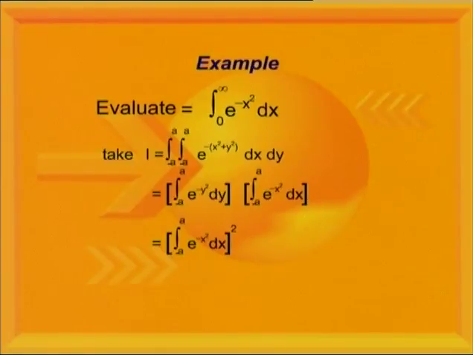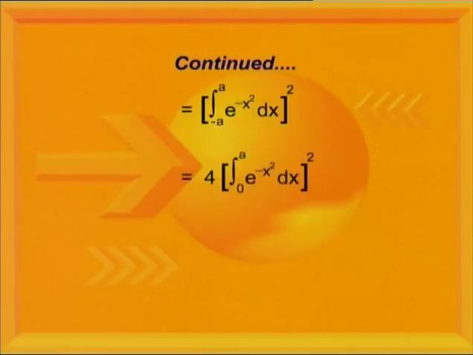So this is the square of the integral of e raised to power minus x square with respect to x between x is equal to minus a to a, and minus a to a can be written as 2 times 0 to a, and because of the square this can be written as 4 times the square of the integral from 0 to a of e raised to power minus x square with respect to x.